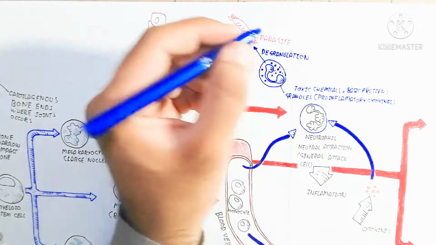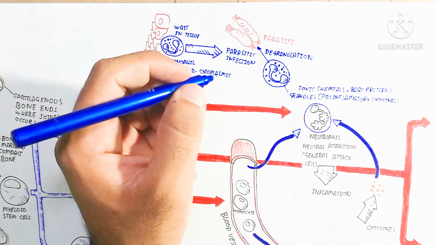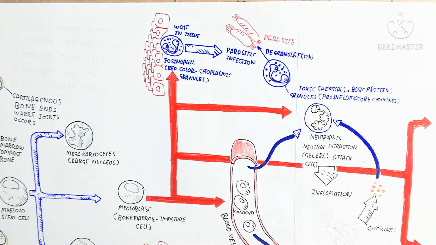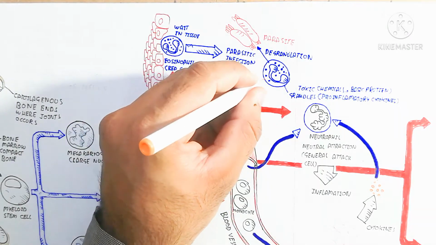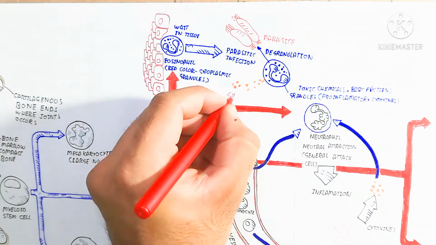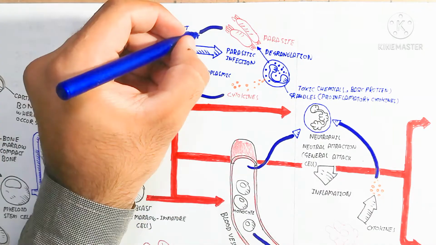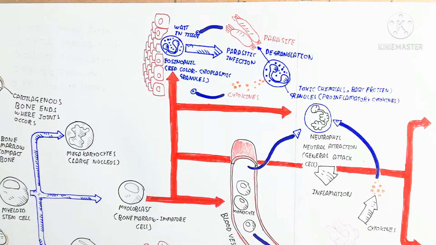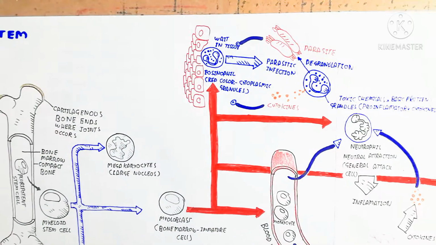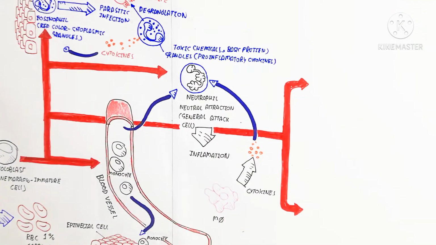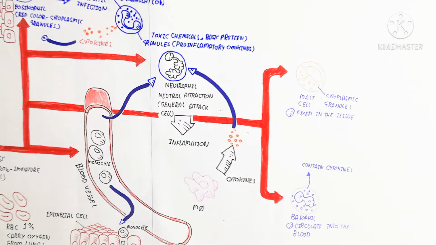It also produces cytokines with a positive effect on the eosinophil, attracting more eosinophils to produce more cytokines, as well as stimulating the response to the parasitic infection. So the eosinophil has red cytoplasmic granules and resides in the tissue.